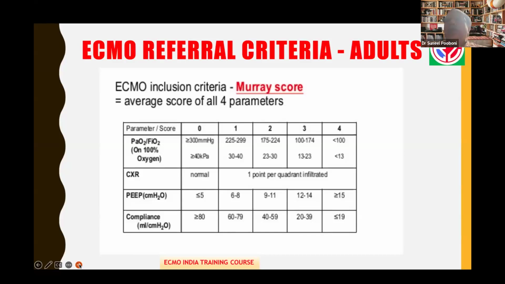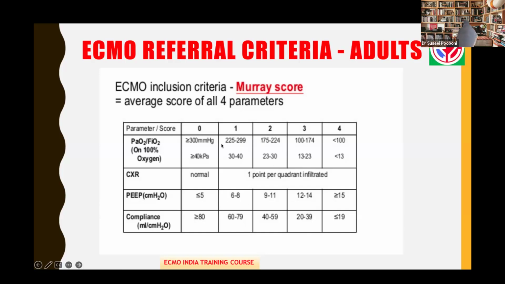Murray score is a useful criterion in case of adolescents and adults. Murray score has certain criteria such as PaO2 by FiO2, chest X-ray, how many quadrants in the chest X-ray are involved, PEEP, certain numbers as you can see there, less than 5, 6 to 8, 9 to 11, etc. Compliance from the ventilator, that also you can measure with this.